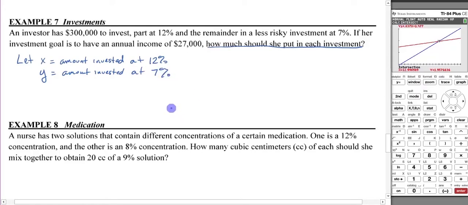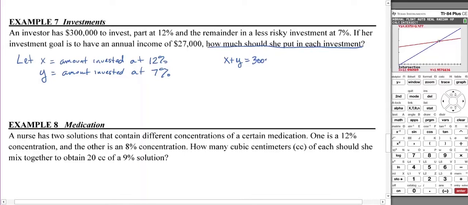If you take the amount that she invested in the 12% and add that to the amount she invested in the 7%, that would be her full $300,000 that she was investing. So we can make an equation out of that: X plus Y equals 300,000.